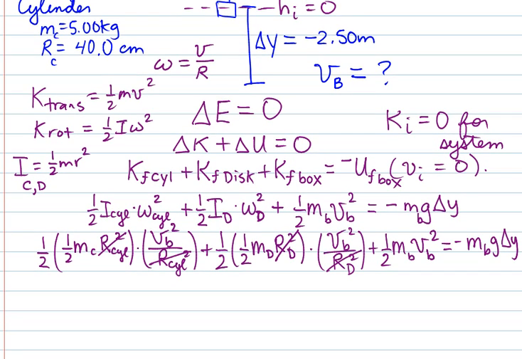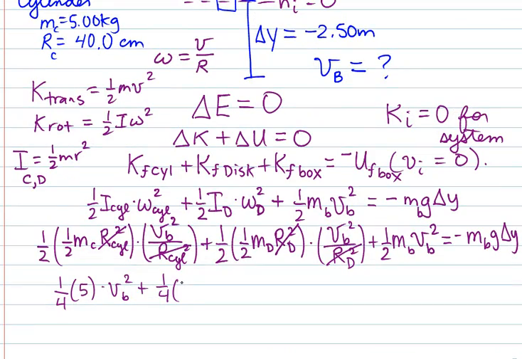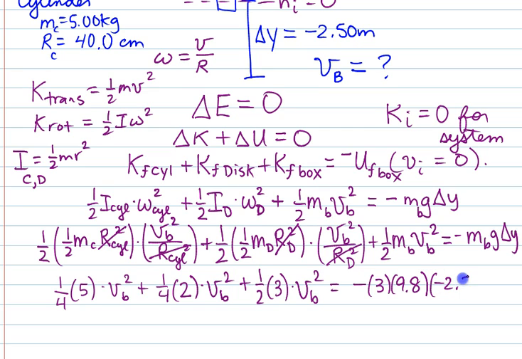So I'll plug in some numbers. This is going to be 1/4 times 5 times v box squared plus 1/4 times 2 times v box squared plus a simple 1/2 times 3, mass of the box, times v box squared. That's going to be negative 3, 9.8, negative 2.5.